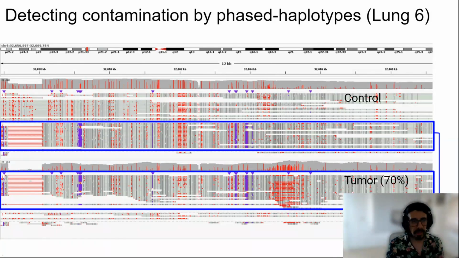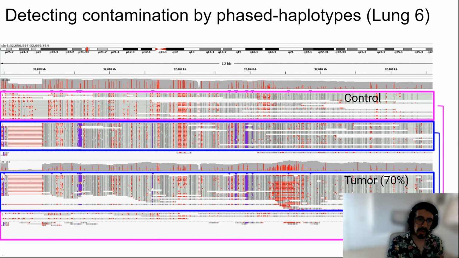And we know that this sample has 70% tumor content. So what we see next is that on the second allele, one of the samples is contaminated. On the top, you see the control has a lot of reads, but on the bottom, we just have a few of them.